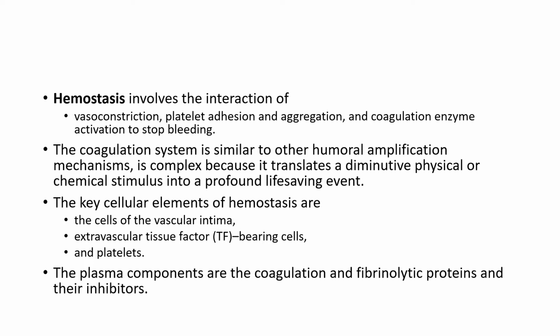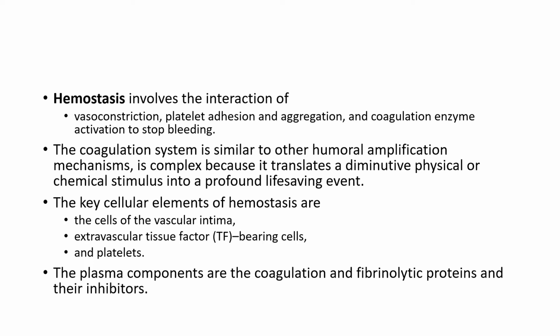Right? So the key elements of this process called hemostasis are the cells of the vascular intima, so that means the endothelial cells, and then the extravascular tissue factor bearing cells, and then thirdly the platelets. So these three elements, the cellular elements, are very much involved in the process of hemostasis.